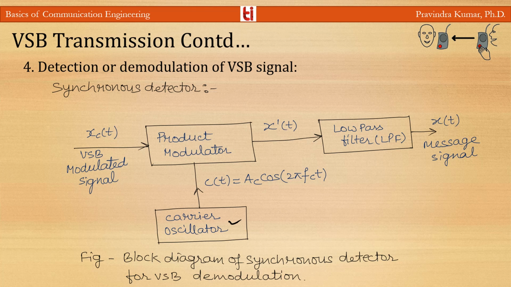So let xc(t) be the VSB modulated signal and c(t) be Ac cos 2πfct, the carrier. Then I will get the product of these two at the modulator output, and after passing through the low pass filter I will get my message signal.